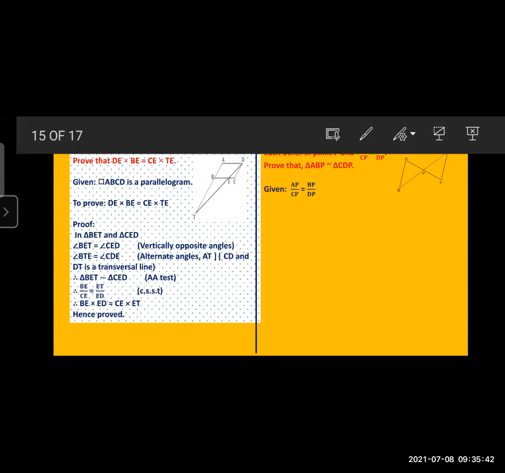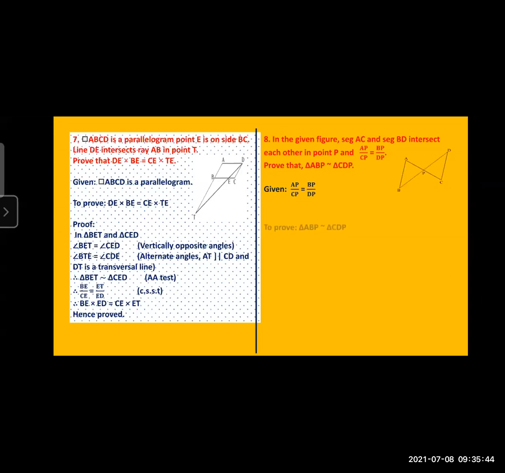Again, simple question. First, you write the given condition and then you consider triangles ABP and CDP. Okay. Now, write proof. In triangles ABP and CDP, AP by CP is equal to BP by DP.